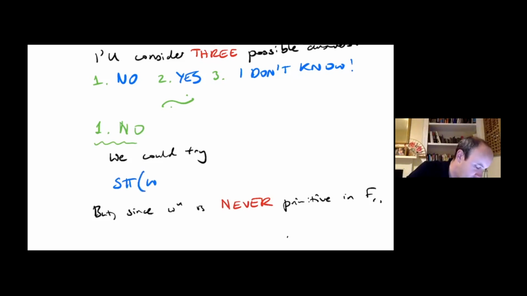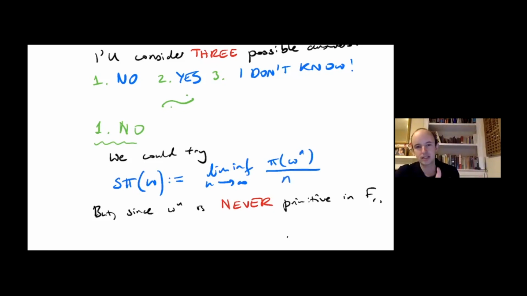And we could try taking the stable primitivity rank of W to be the limit, or at least because I'm not certain it's going to exist, I'll say liminf, as n goes to infinity, of the primitivity rank of W to the n divided by n, right? So that's the definition that looks a lot like the definition of stable commutator length.